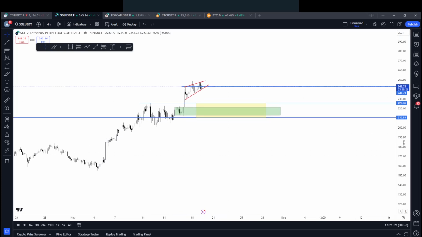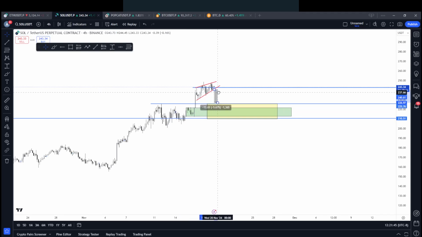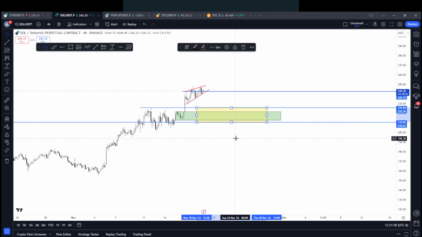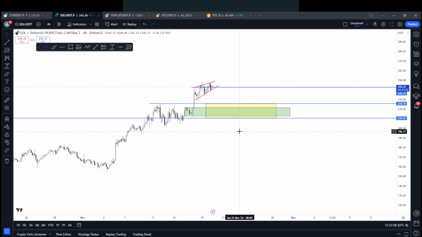Target for this rising wedge upon breakdown, close to that 225 area. So hopefully a wick into that buy zone. And that's where you're going to buy. Like 225 down to 210, if we are given the opportunity, is an area to buy.